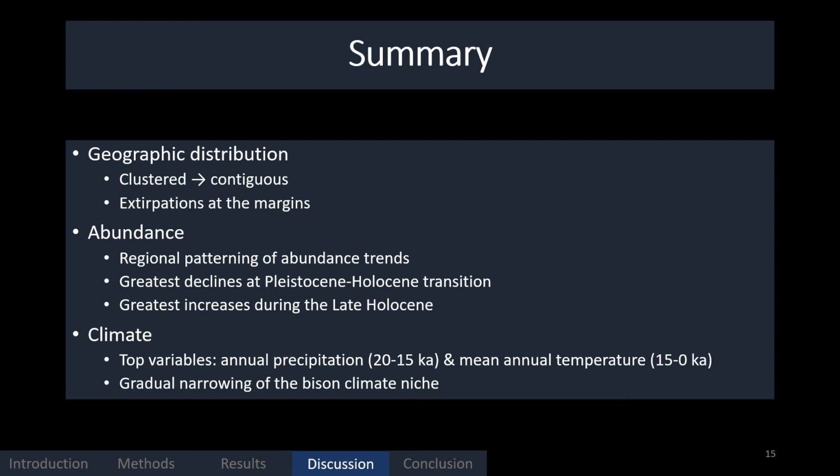The top variables for predicting the distribution of bison were annual precipitation between 20 to 15,000 years ago and mean annual temperature between 15,000 years ago to present. Also, we saw the bison climate niche was gradually narrowing over time.